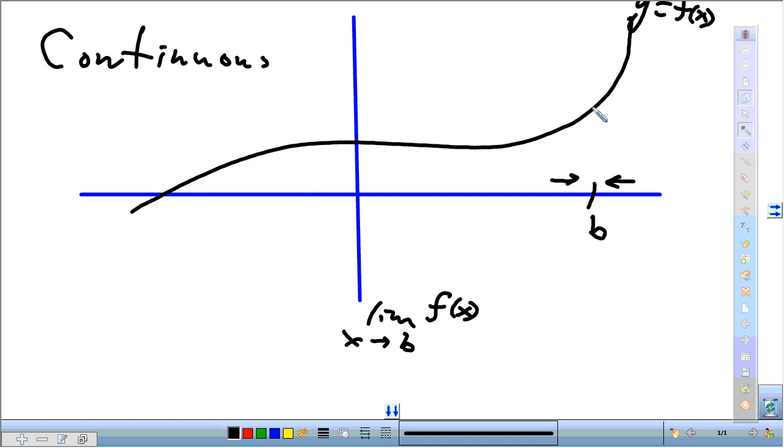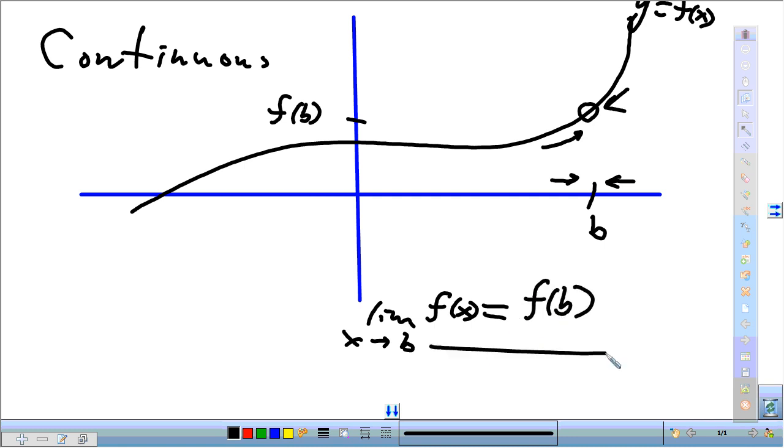If we approach b on the curve, we expect it to approach some value here. In this picture, a nice continuous curve, no jumps, no holes. That expected value is exactly what the function value is. So that's our definition of continuity.